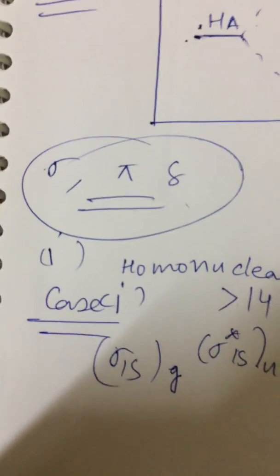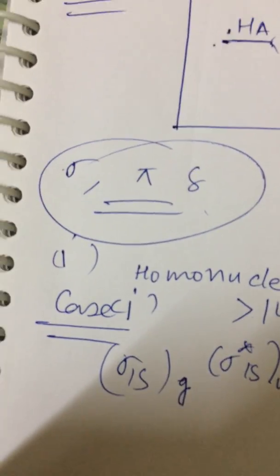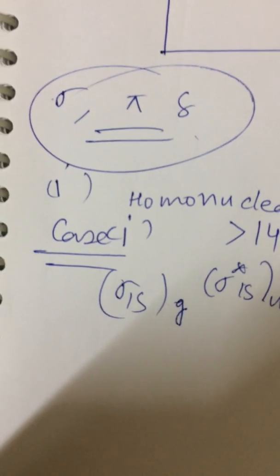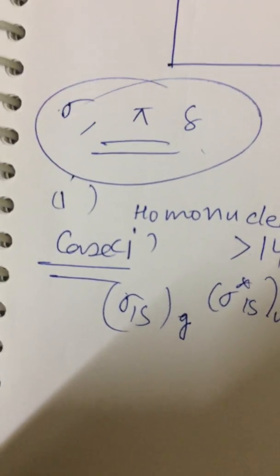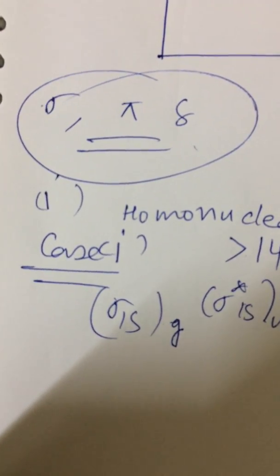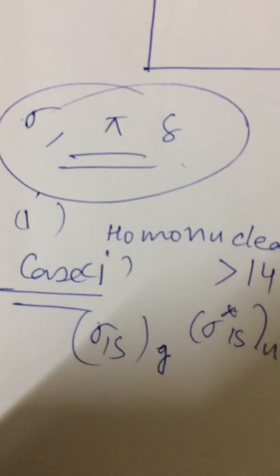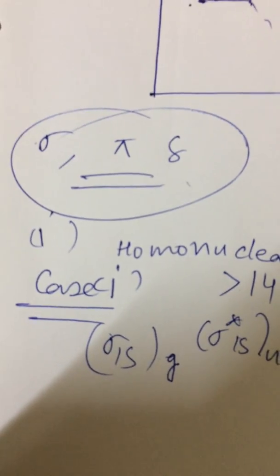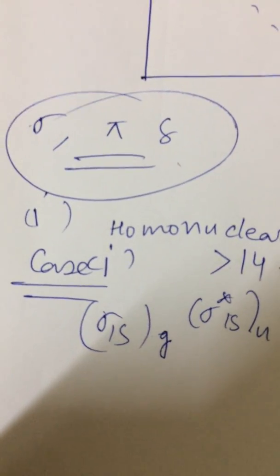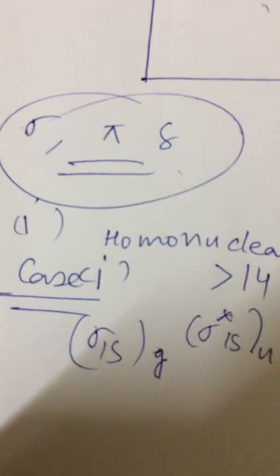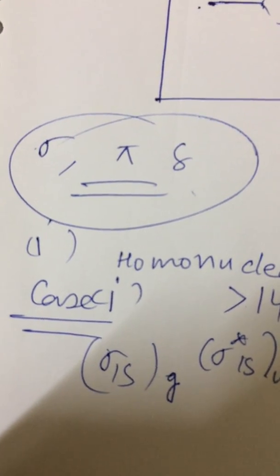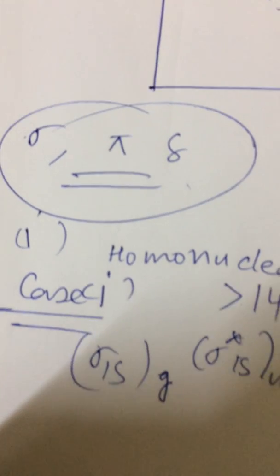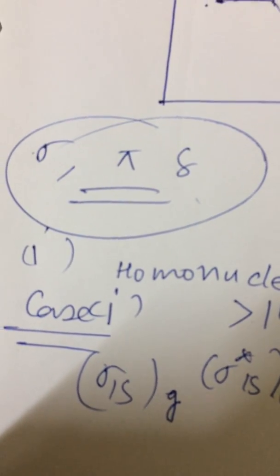As I told you, what are gerade and ungerade: gerade is designated if the orbital is identical under inversion.